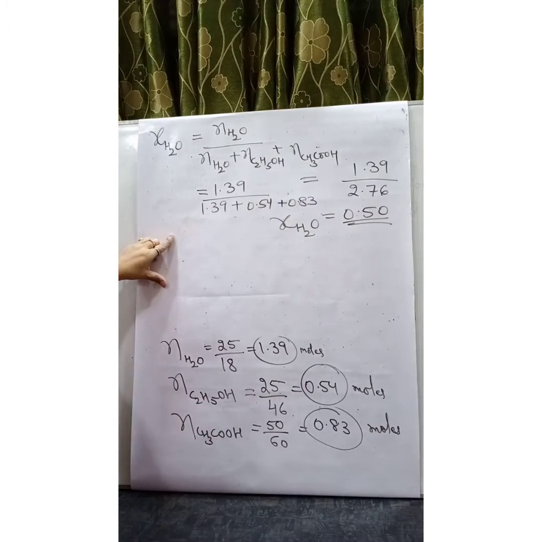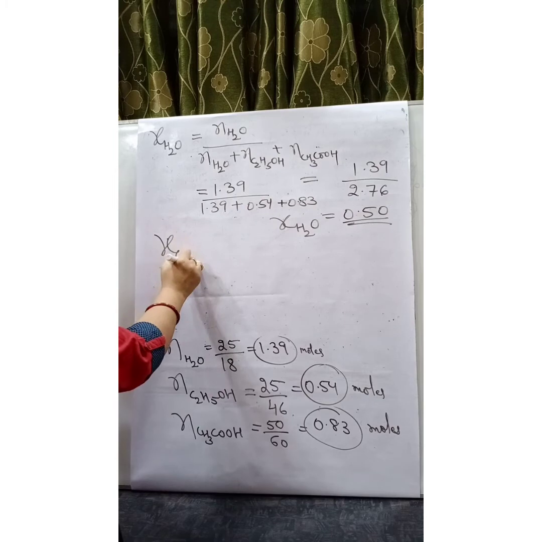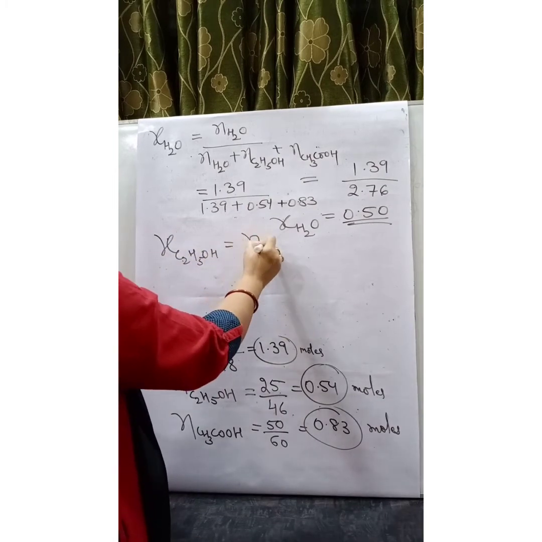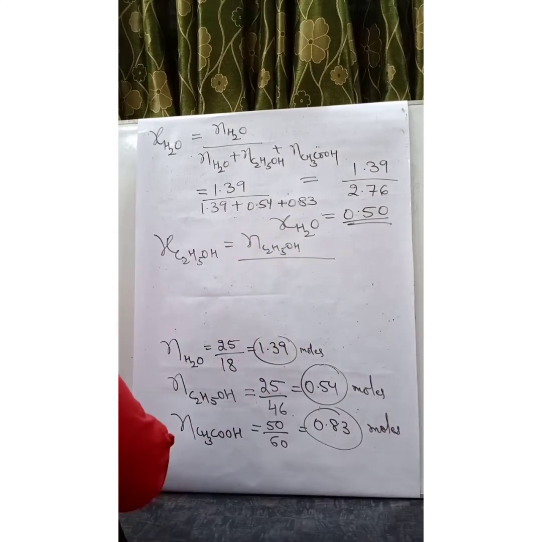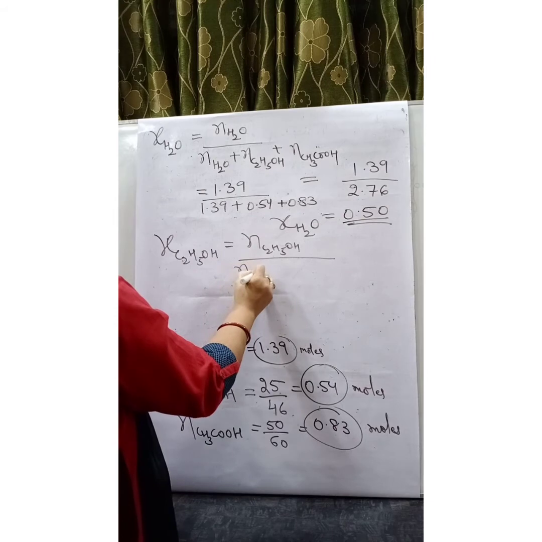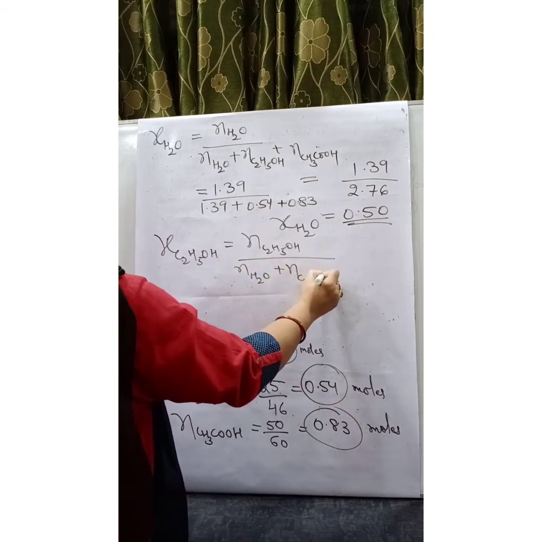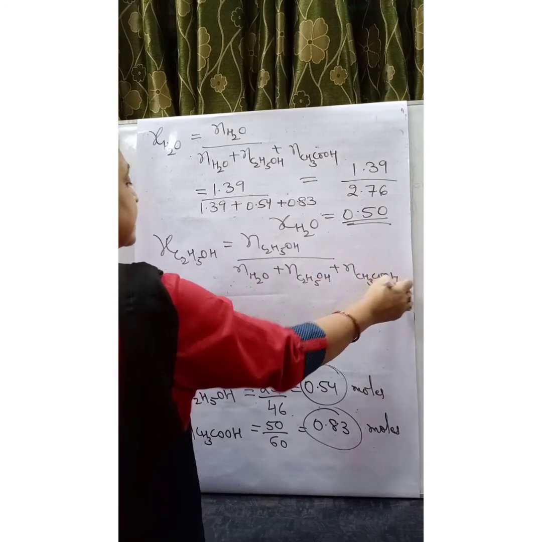Similarly, we can calculate the mole fraction of ethanol. Mole fraction of ethanol is equal to number of moles of ethanol upon total number of moles. That is number of moles of water plus number of moles of ethanol plus number of moles of acetic acid.